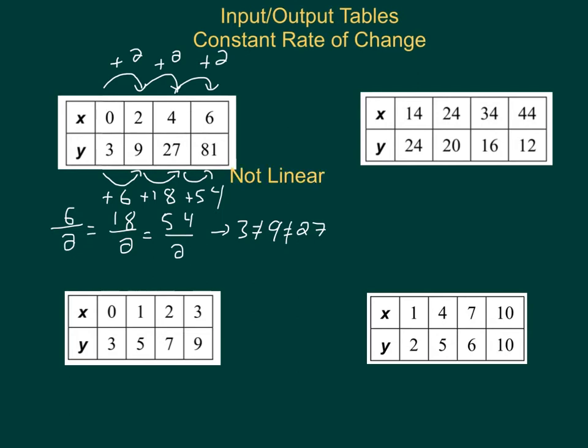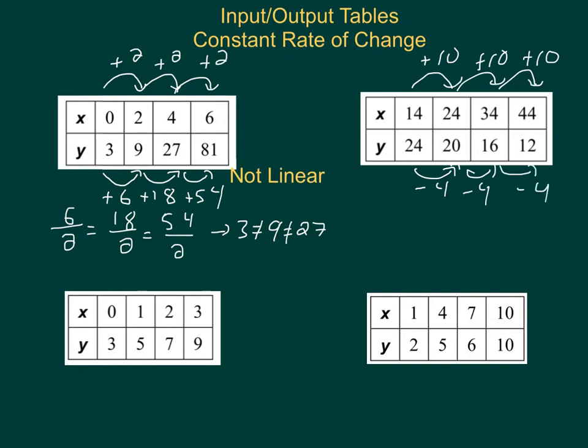All right, so let's take a look at another example. Let's see if maybe the next one will work for us. 14 to 24, we're going to go up 10. 24 to 34, again up 10. 34 to 44, again up 10. Now on the y's, 24 to 20 is actually a minus 4. And that's the same thing to get from 20 to 16 and 16 to 12.